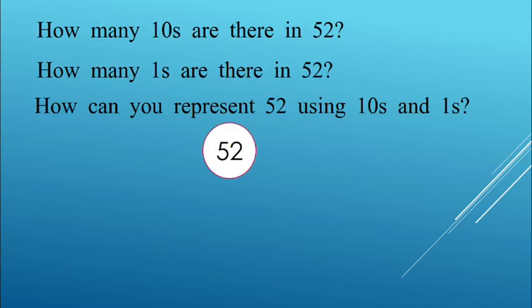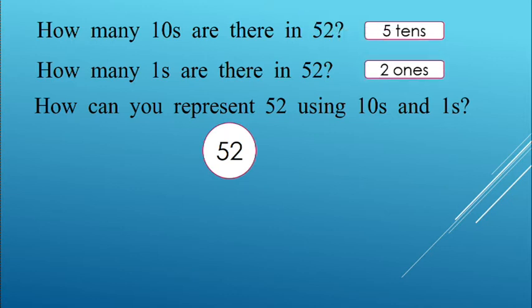Students, let me explain some examples. How many tens are there in 52? How many ones are there in 52? How can you represent 52 using tens and ones? How many tens are there in 52? Yes, 5 tens. How many ones are there in 52?